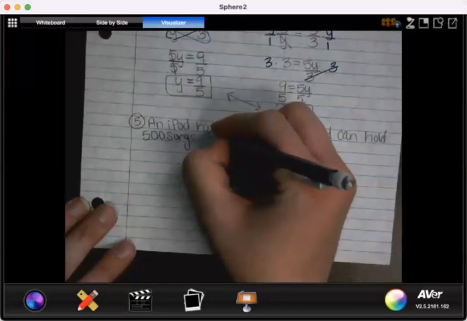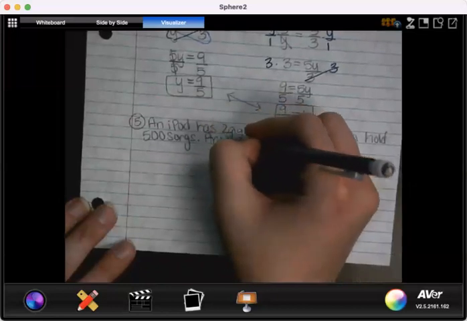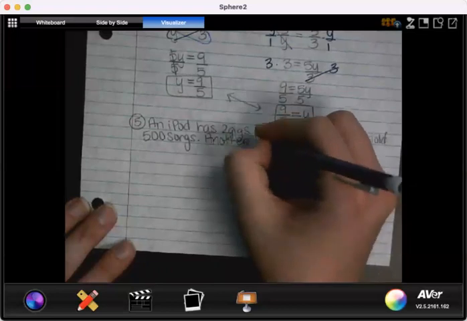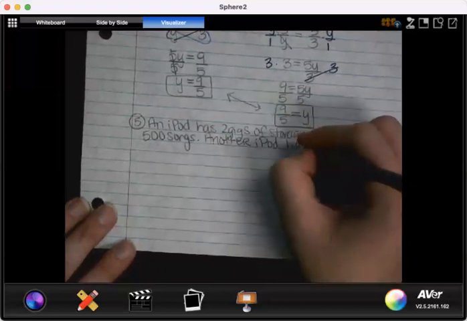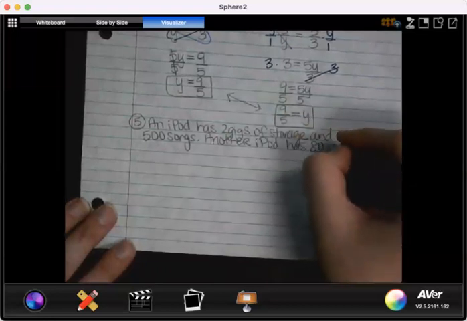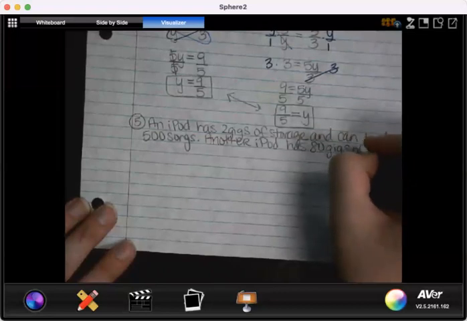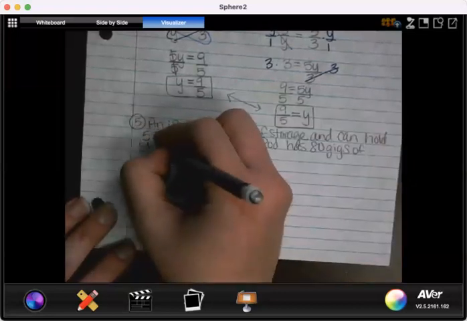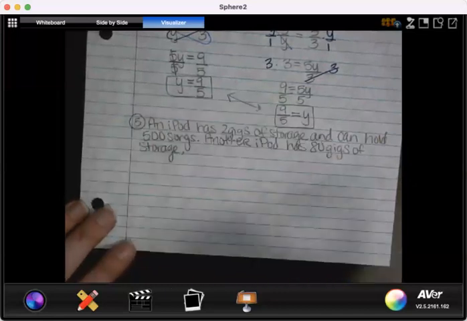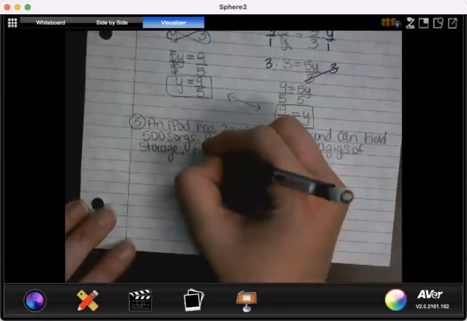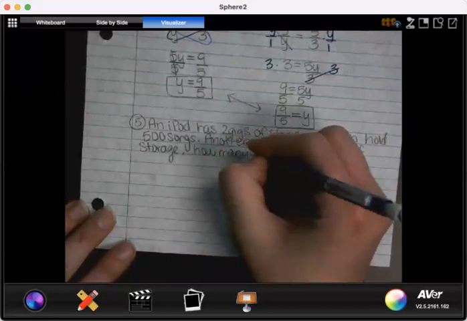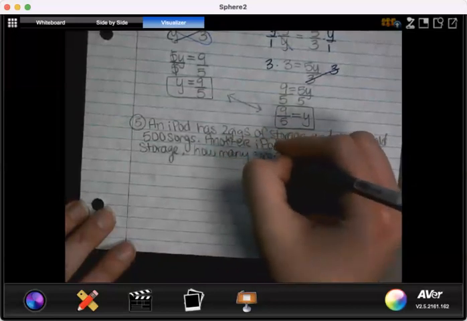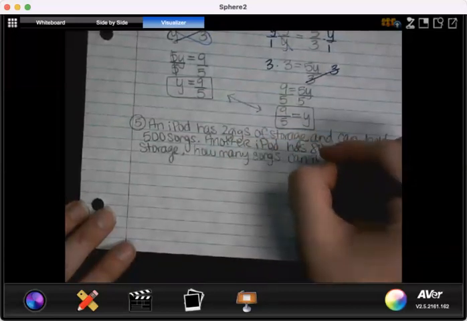Another iPod has 80 gigs of storage. How many songs can it hold?